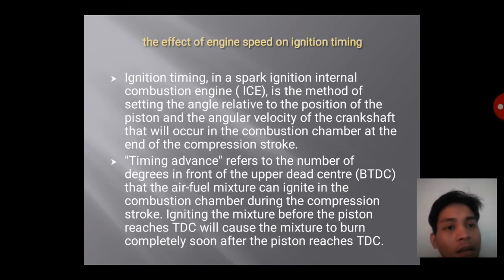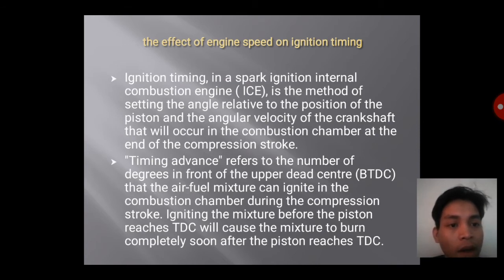The third topic is the effect of engine speed on ignition timing. Ignition timing in a spark ignition internal combustion engine is the method of setting the engine relative to the position of the piston and the angular velocity of the crankshaft, at which the spark will occur in the combustion chamber at the end of the compression stroke.